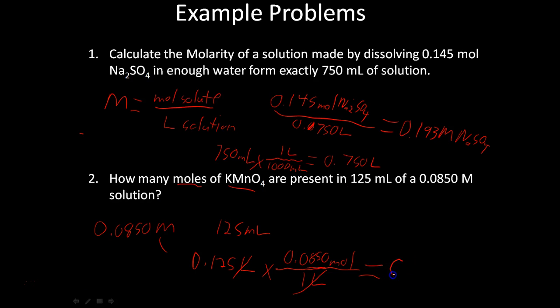So 0.0106 mole of KMnO4. That is how many moles of potassium permanganate we have there.